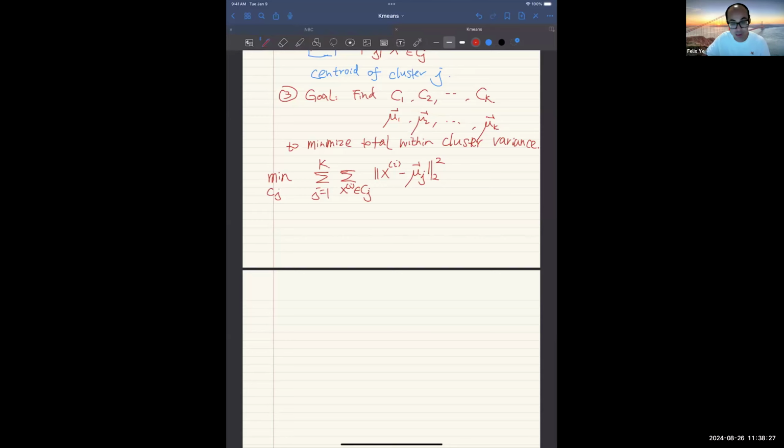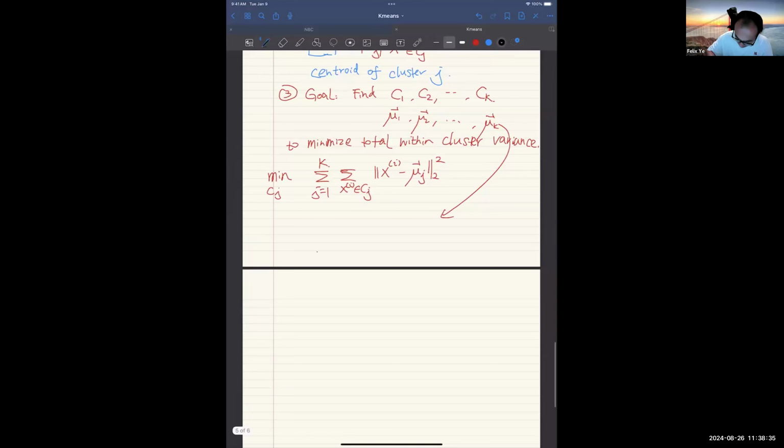If we stack all these mu together, we can define this gigantic matrix of all the centroids. So this becomes mu1, mu2 to mu k. This is actually a d by K matrix that we want to find, for the positions of all the centroids.